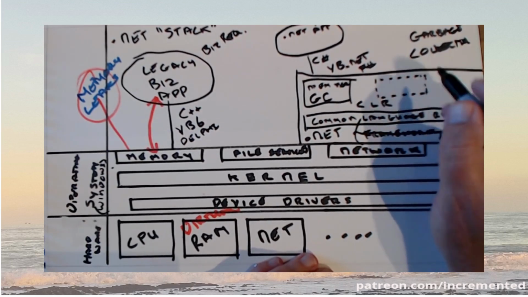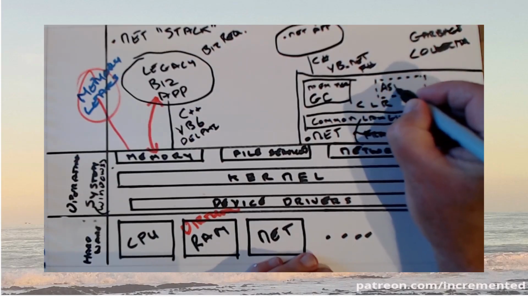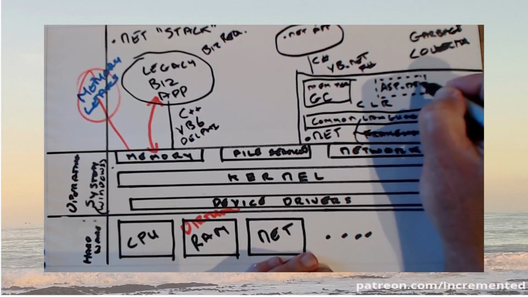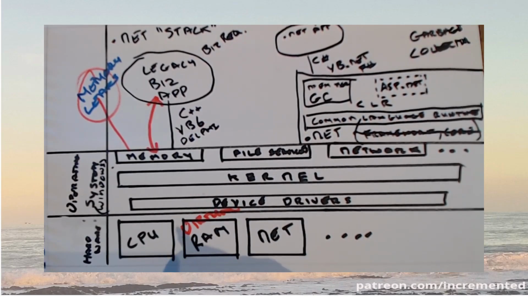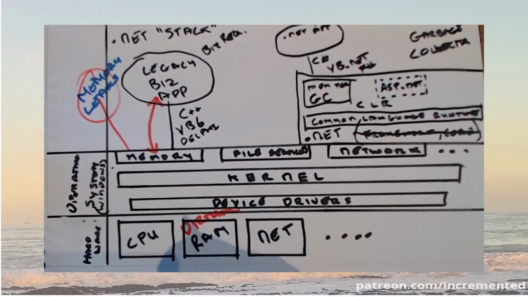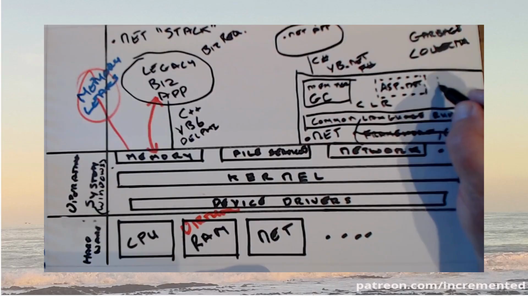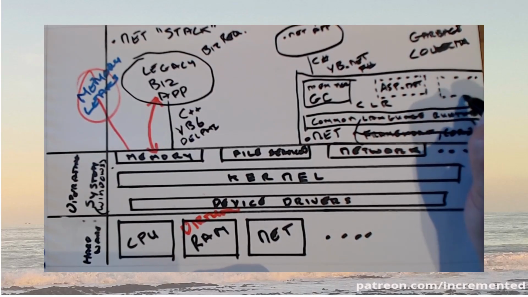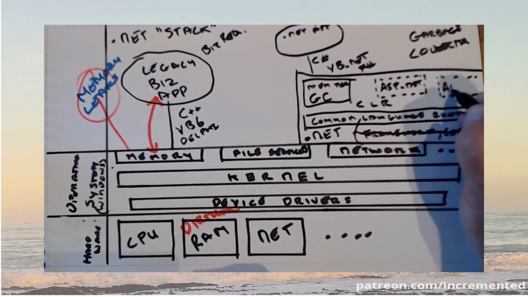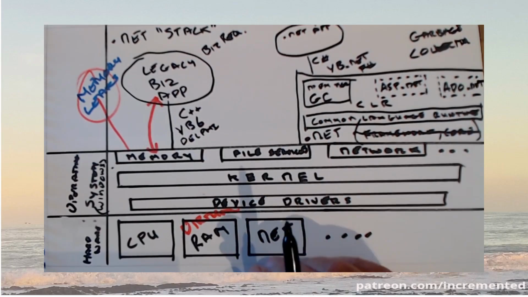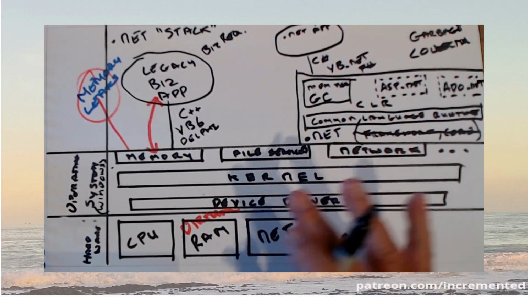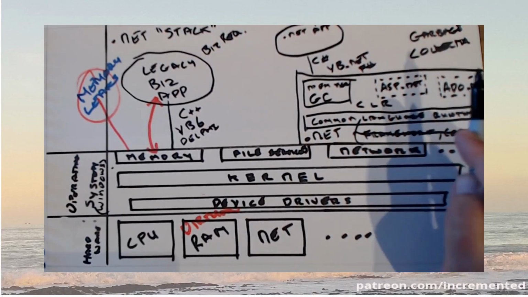One of them, for example, is ASP.NET, Active Server Pages. That's an add-on that helps us to build websites and web services in the .NET world. There are many of them. Another is ADO.NET, ActiveX Data Objects. There's also Entity Framework, and other things. We're not concerned about that.